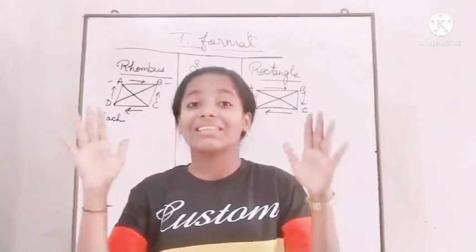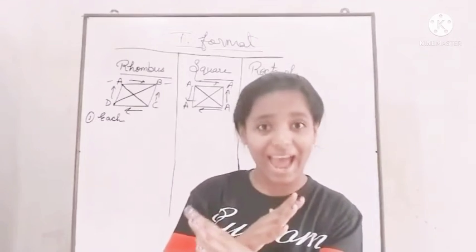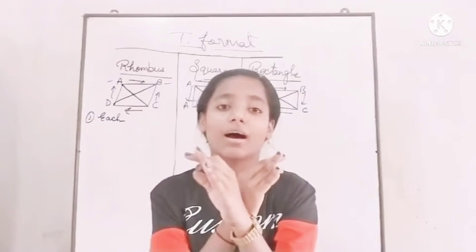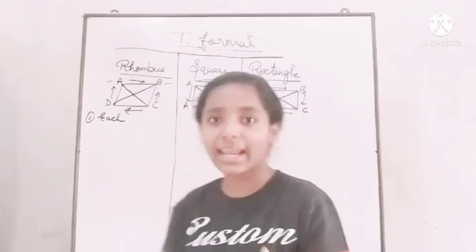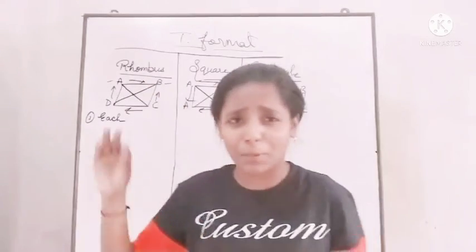In the rhombus, the figure is divided into two congruent triangles, the diagonals are bisecting each other completely, and by that bisecting, it is making perpendicular lines.